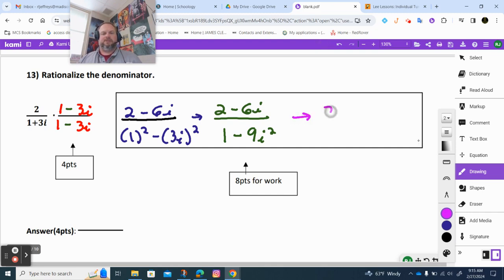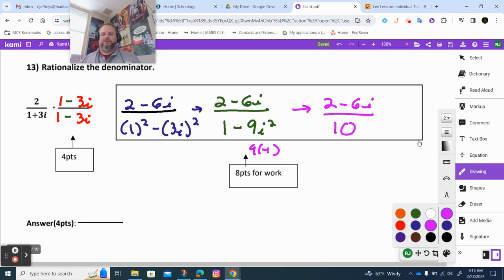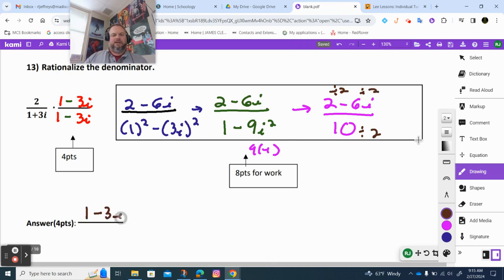All right, this becomes 9 times negative 1, so 10. That one also you can reduce. Divide everything by 2. Get 1 minus 3i over 5.